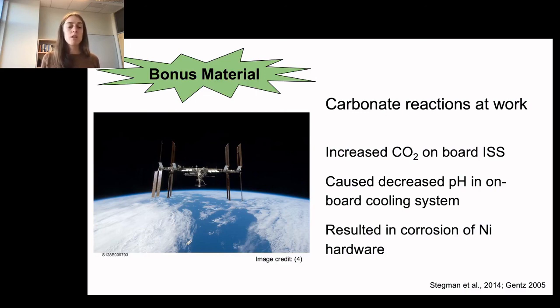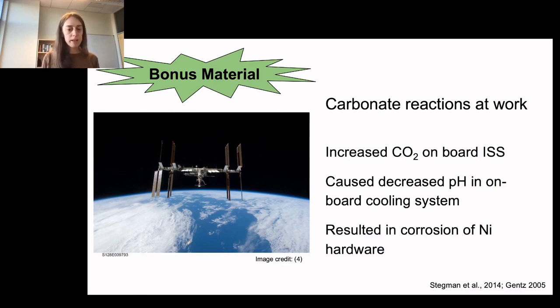Just like the ocean, it was decreasing the pH because we had more carbonic acid. Those protons were dissociating, causing a lower pH there. And so that brought down the pH to a place where it was corroding the hardware on the onboard cooling system, which was causing huge problems and potential health and safety risks.